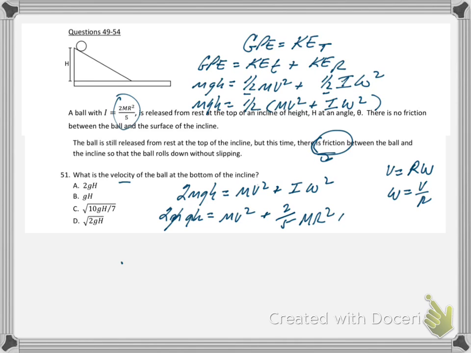Oh, we've got the angular velocity squared. So we can divide by masses.